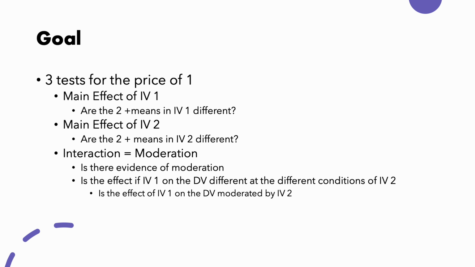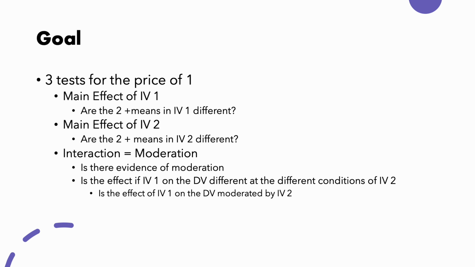In general principle, when you have 2 independent variables, you are testing 3 things at the same time. Number 1, you test for what is known as a main effect of independent variable 1, which in this case is simply asking, are the 2 means associated with independent variable 1 different from each other?